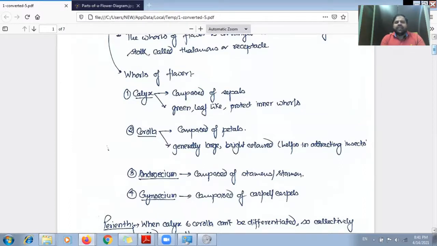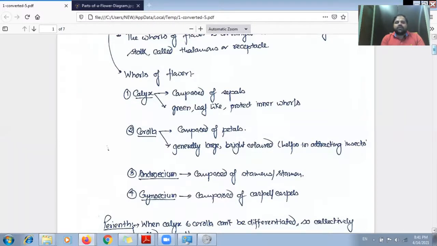So the main function of the corolla in most plants is associated with pollination. Due to their large size, bright color, and peculiar fragrance, they attract insects and other organisms so that they can participate in pollination.